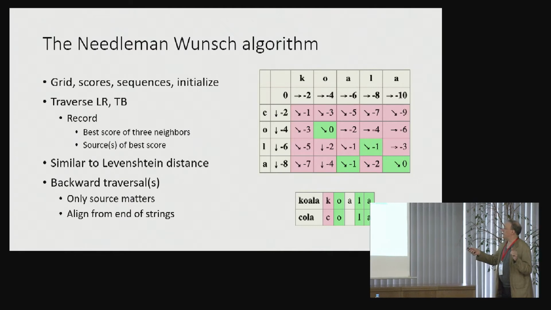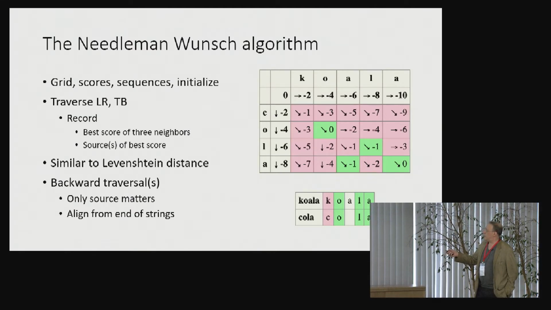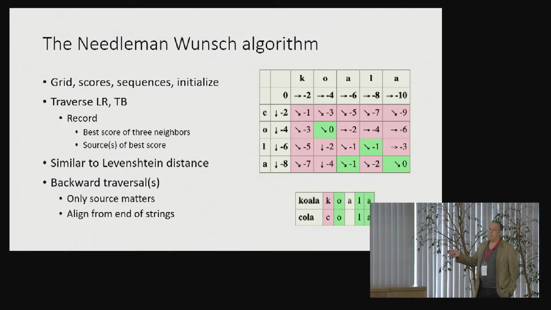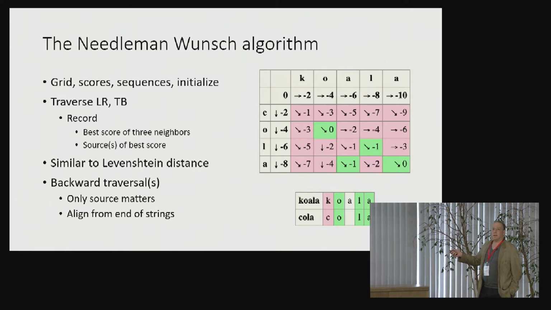So I start in the upper left corner of real data, and I want to introduce into that cell the highest of 3 values. One value is to take the cell above and augment it by the gap penalty. So the cell above is -2, my gap penalty is -2, that value would be -4.